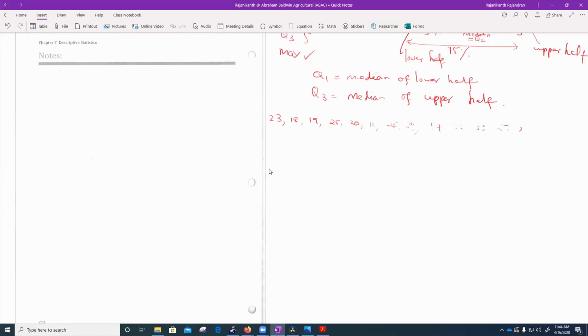Very good. So how many data points are given? 13. Yes, so you are given 13 data values.